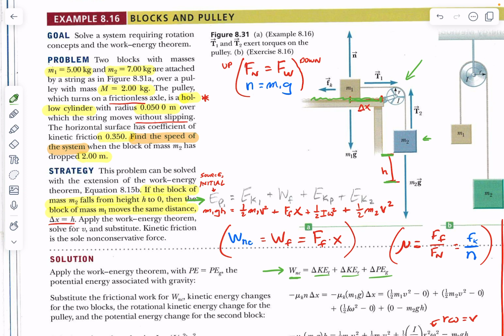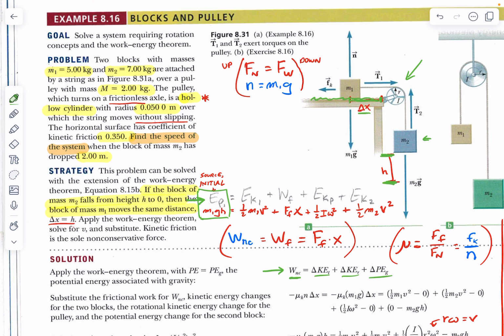And that distance, delta x, is the same as h, because they're connected by a string, and the string is not going to get bunched up and it's not going to get stretched out. So the source of all of my energy is going to be block M2 falling from one position down to some final position.